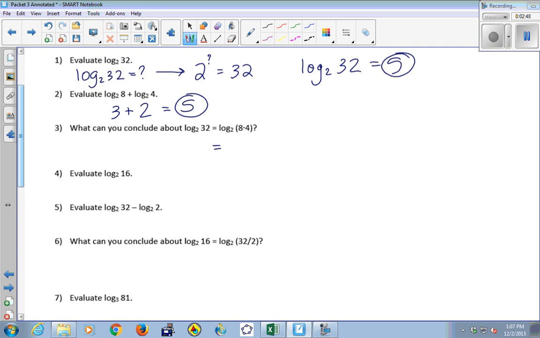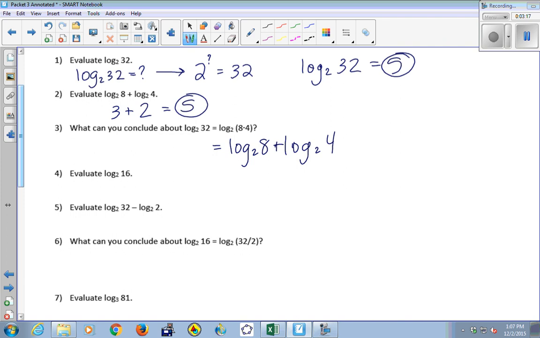So log base 2 of 8 times 4 can actually be calculated by looking at log base 2 of 8 plus log base 2 of 4. It looks kind of like the distributive property, right? But that times in between the 8 and the 4 turned into a plus when I was doing the logarithm. And in the lesson, we'll talk a little bit more about this.